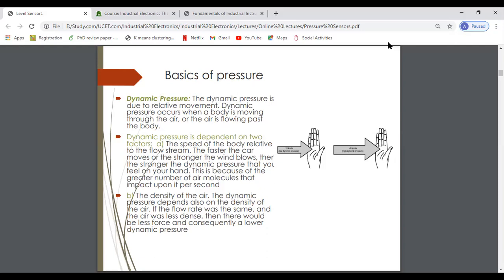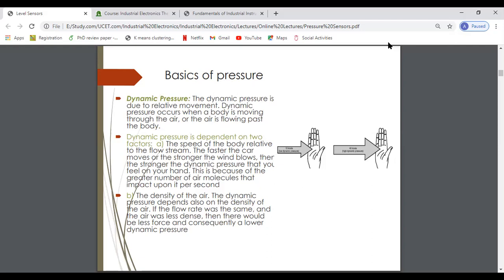And we know that pressure is force per unit area. The second factor we have to consider is the density of the air. The dynamic pressure also depends on the density of the air. If the flow rate was the same and the air was less dense, there would be less force and consequently a lower dynamic pressure.